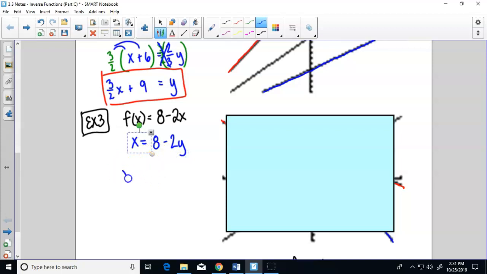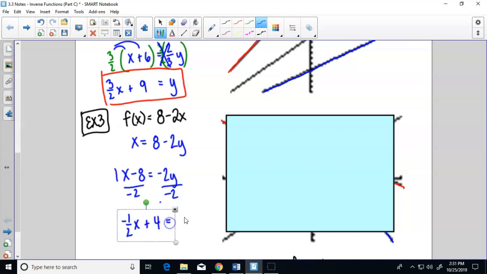We'll subtract that 8: x minus 8 equals negative 2y. Divide by negative 2. And so we get, again, I'm going to write it like this, negative 1/2 x plus 4 equals, I'm going to put f inverse of x here.